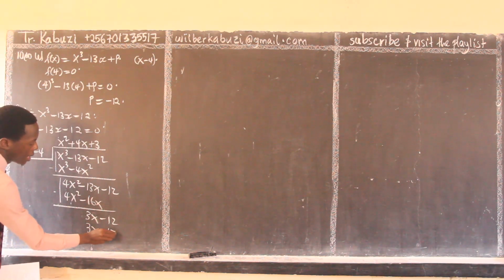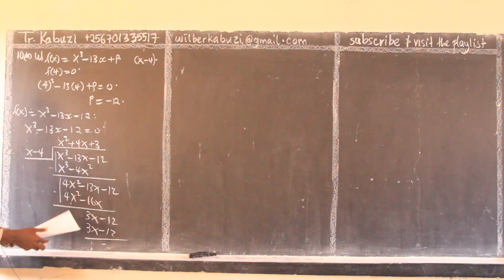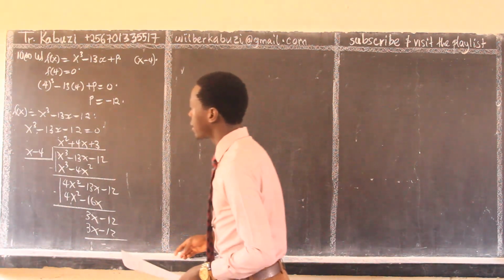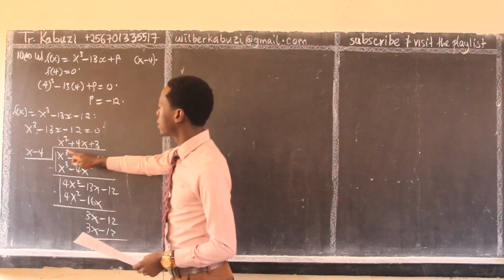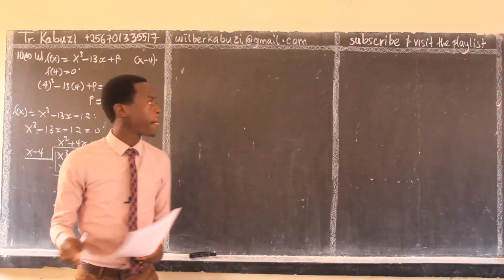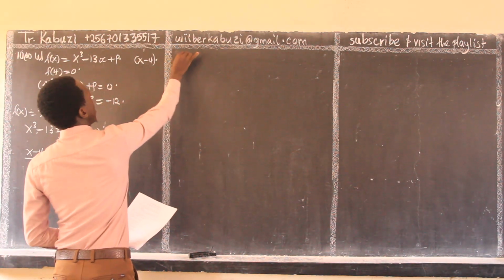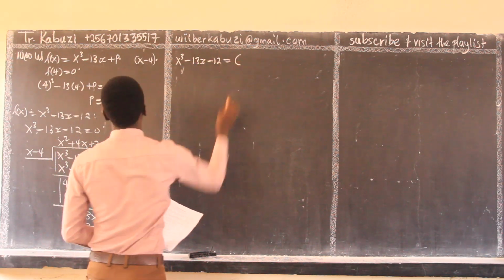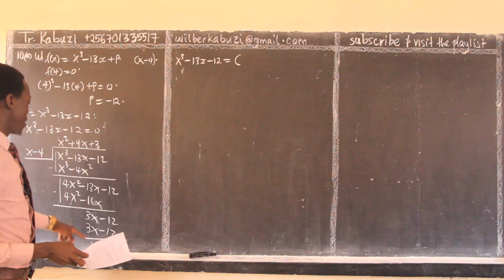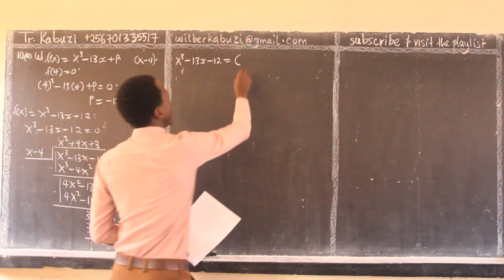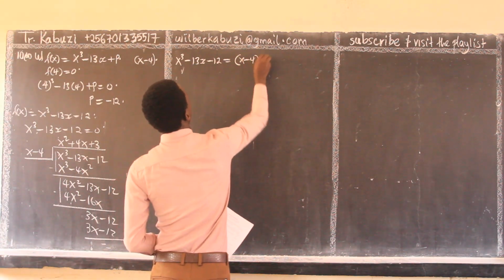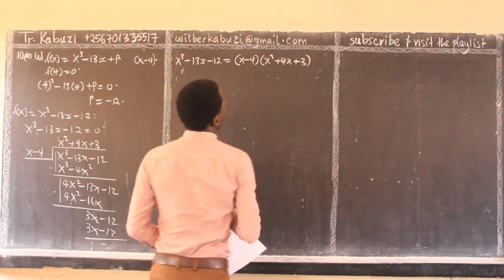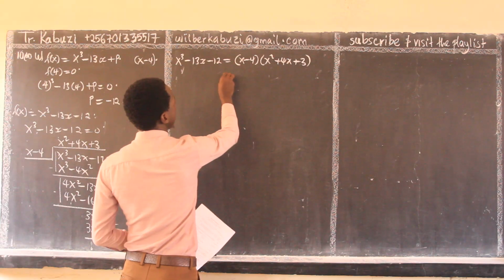And this goes there, 3x minus 12. If you want to see the details of how we long divide, please visit the playlist. So meaning, the whole of this x cubed minus 12 is going to be this times this plus the remainder, which is 0. So x minus 4. Then we factorize this.